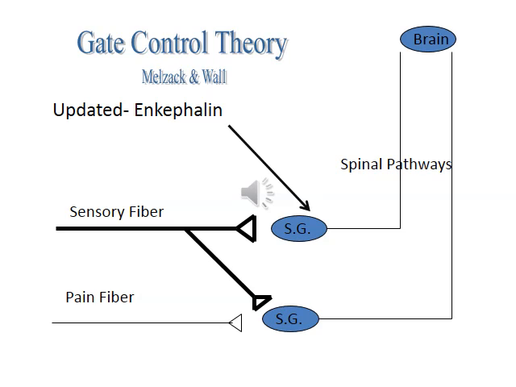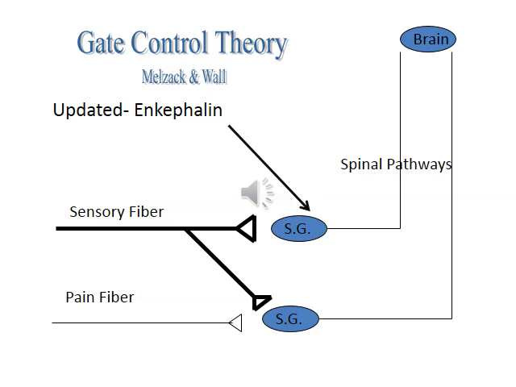So as the information from the non-painful sensory fibers comes in and interacts with the substantia gelatinosa and the T cell, which is what's considered the gate, that will prevent those signals from getting transmitted to the brain and being interpreted as pain. The picture illustrates that happening.